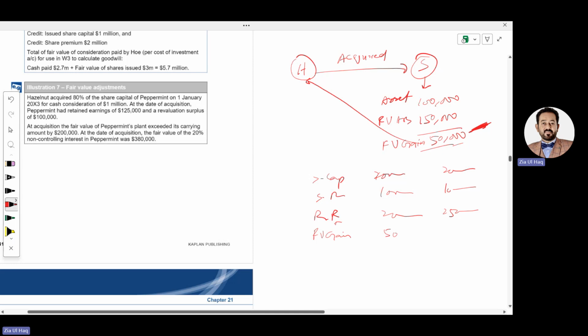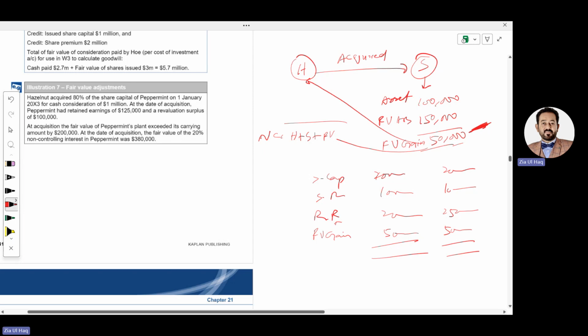This 50,000 we will also include in net assets. And this 50,000 will also be added to the non-current assets of the holding company plus subsidiary, plus we will add this fair value to prepare consolidated financial statements.